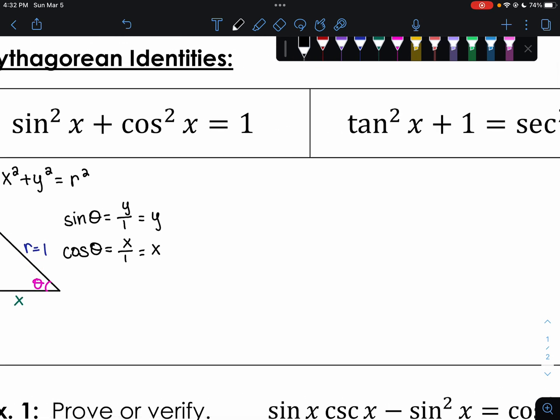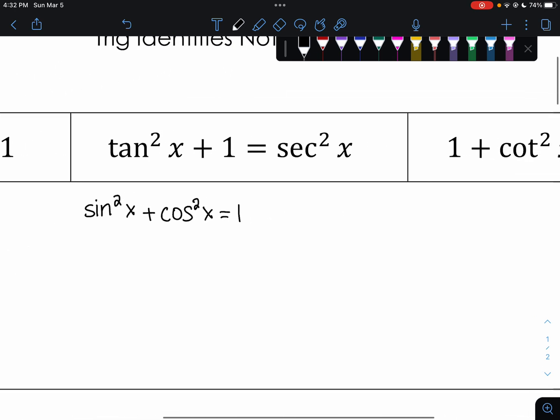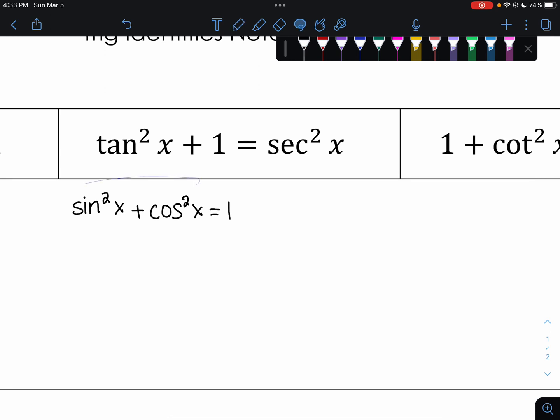Okay, so we have sine squared x plus cosine squared x equaling 1. So to get this middle identity, what we're going to do is divide both sides, or everything, by cosine squared x.